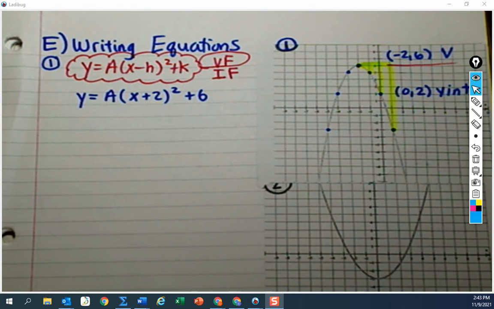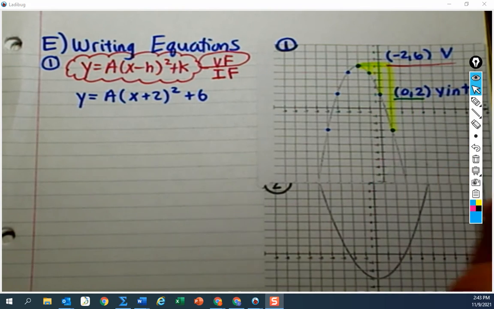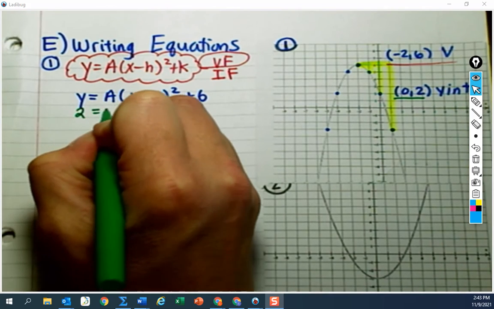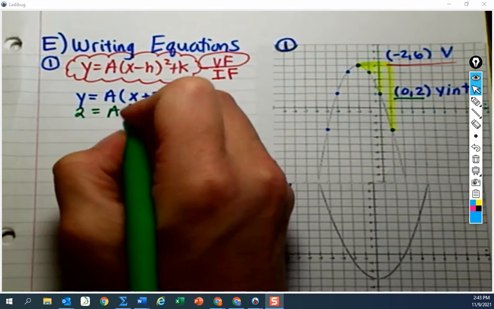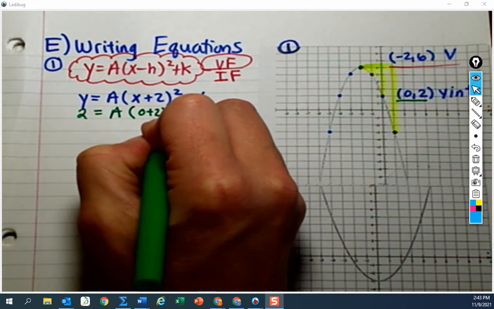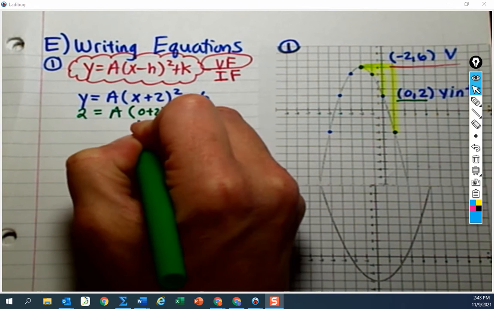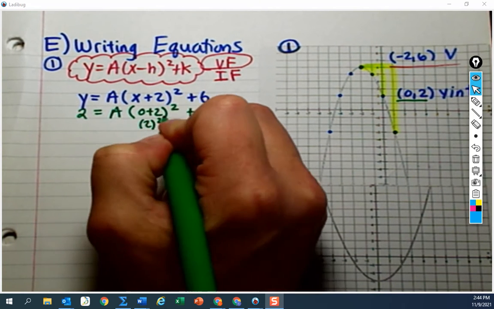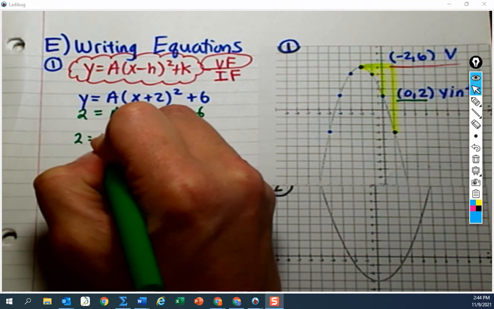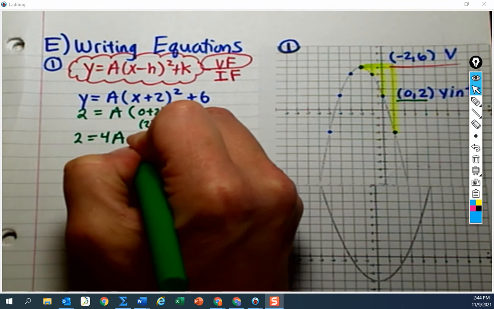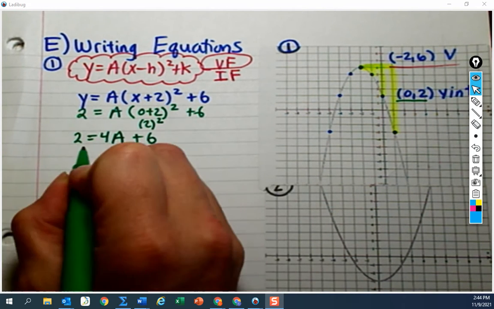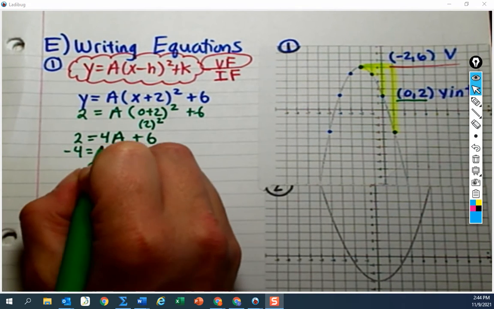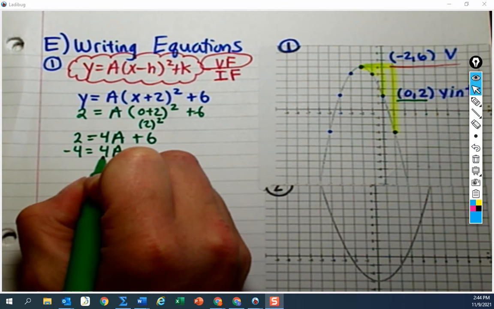So I'm going to take a point and I'm going to plug it in and check. Now you can pick any point you want. Okay. So 2 squared is 4, so 2 equals 4a plus 6. So minus 4 equals 4a.